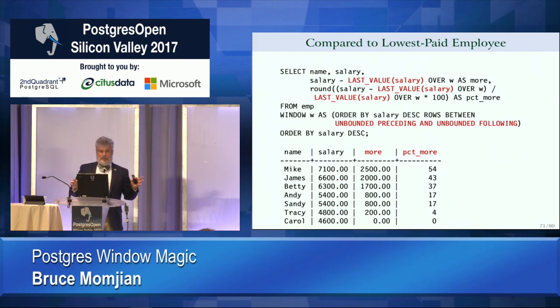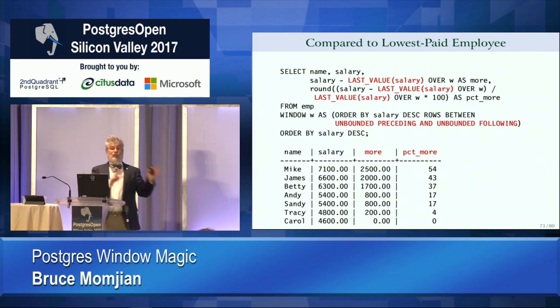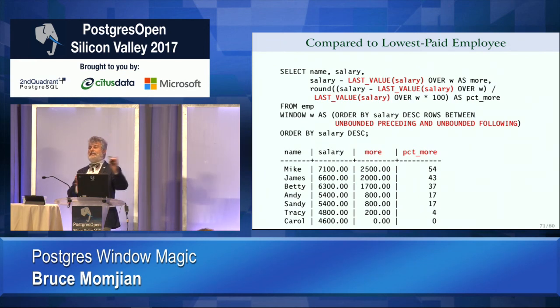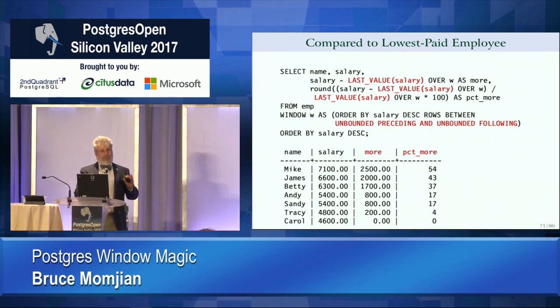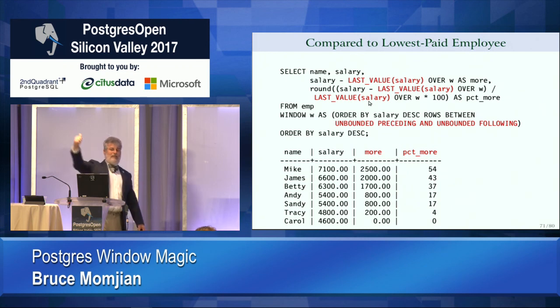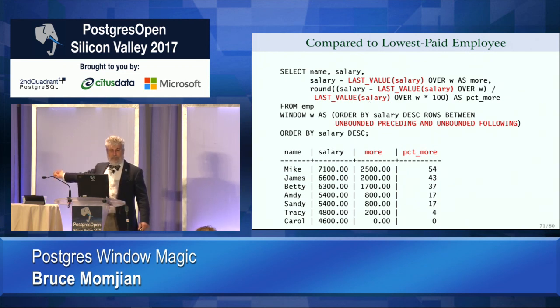A little more interesting. Compare the lowest paid employee to the other employees as a percentage. All right? So what I've done, and this is kind of cool, I computed last value. Remember, last value says give me the last value in my partition? So give me the last value ordered by salary descending. Okay?